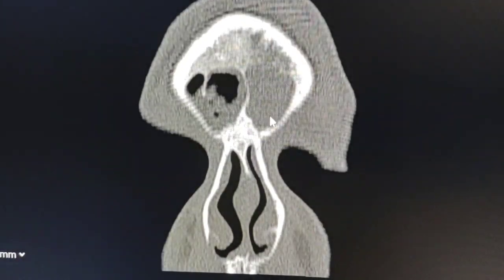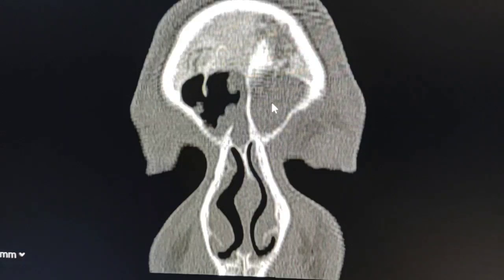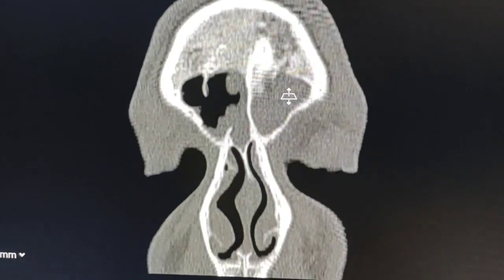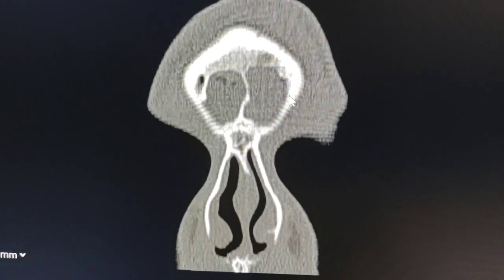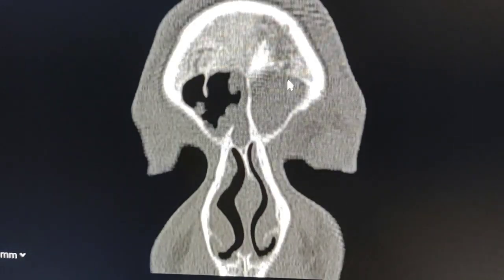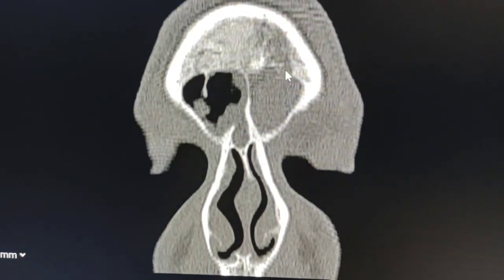This condition causes stasis in the left frontal sinus, and infection starts to develop. As a result, there is demineralization of the bone, as you can see here.